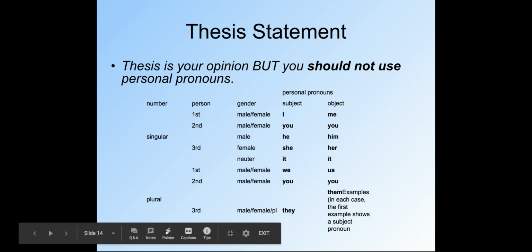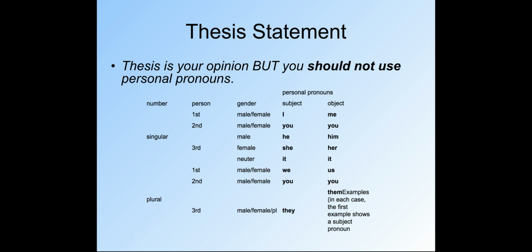All right. Your thesis statement is your opinion. So it is saying, like, I think that gun control regulation needs to be stronger in the United States. Sure, it's definitely your opinion. But as I've mentioned before, in high school, you will not be PPing on your essay, okay? Which means you will not be using any personal pronouns. So at no point during your essay should I see the words I, you, me, we, us, our, okay?